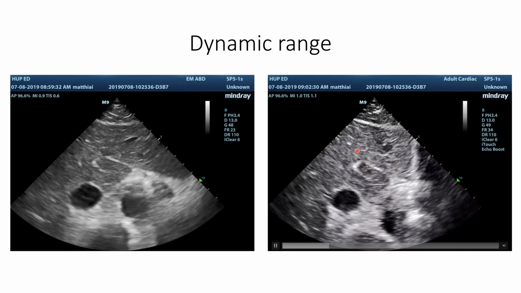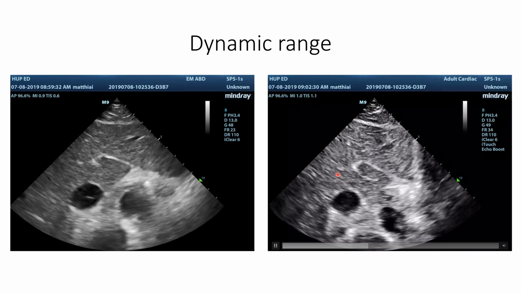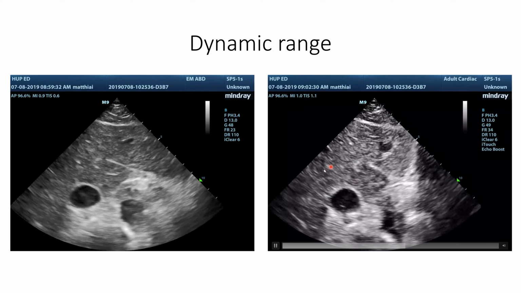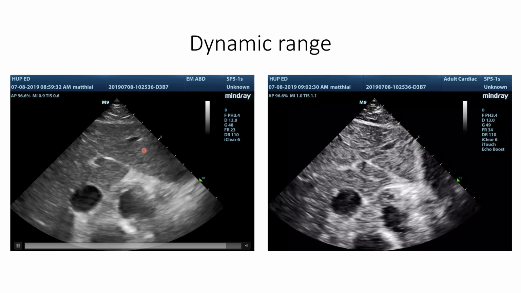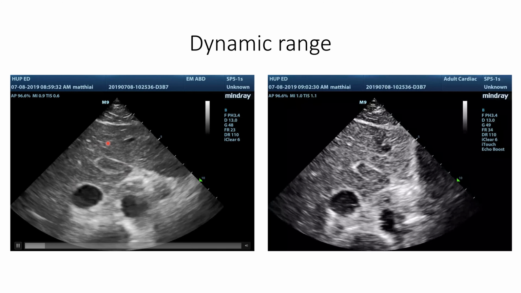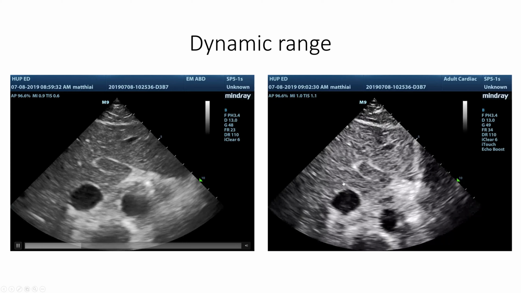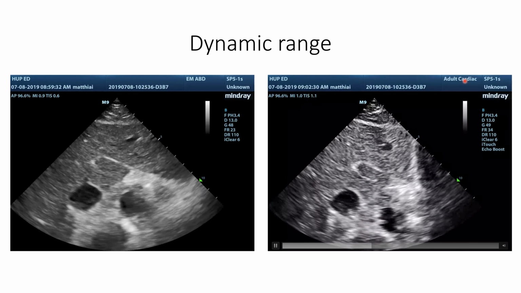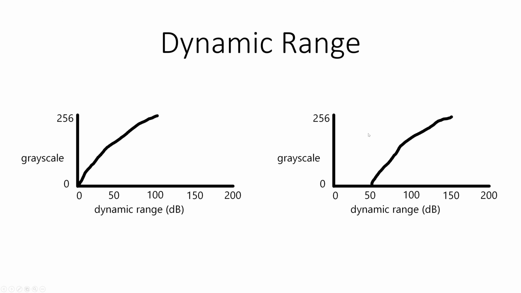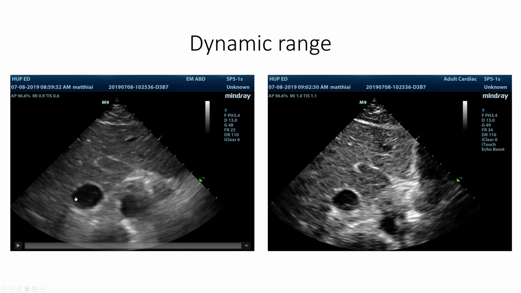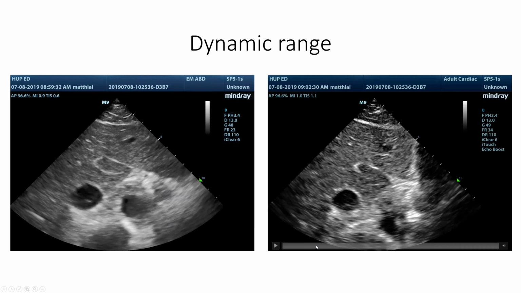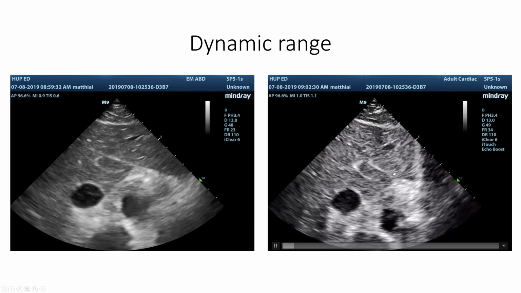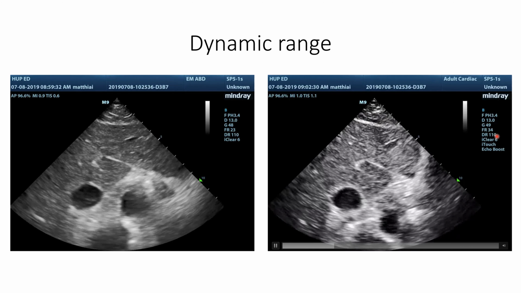This liver parenchyma looks much more salt and pepper, more black and white, as compared to this smoother, better defined liver parenchyma on screen left. And that's because this cardiac preset is using this higher shifted sort of compression curve. This is not something that you can fix by messing with the dynamic range.